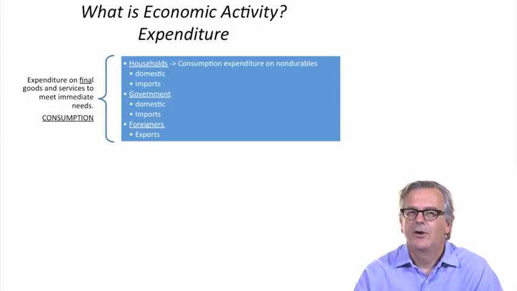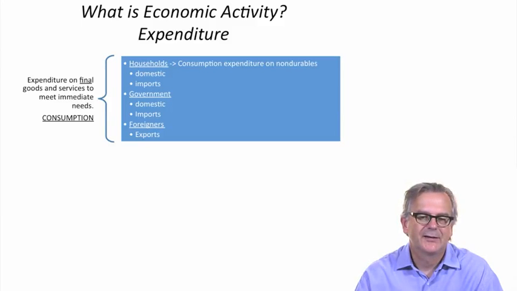Now, in the macroeconomy, we are going to identify separate groups or sectors and think about what their consumption expenditure is. The first of these sectors is the household sector. Now, the household sector is you and I. And here, the consumption expenditure is on what are called non-durables.